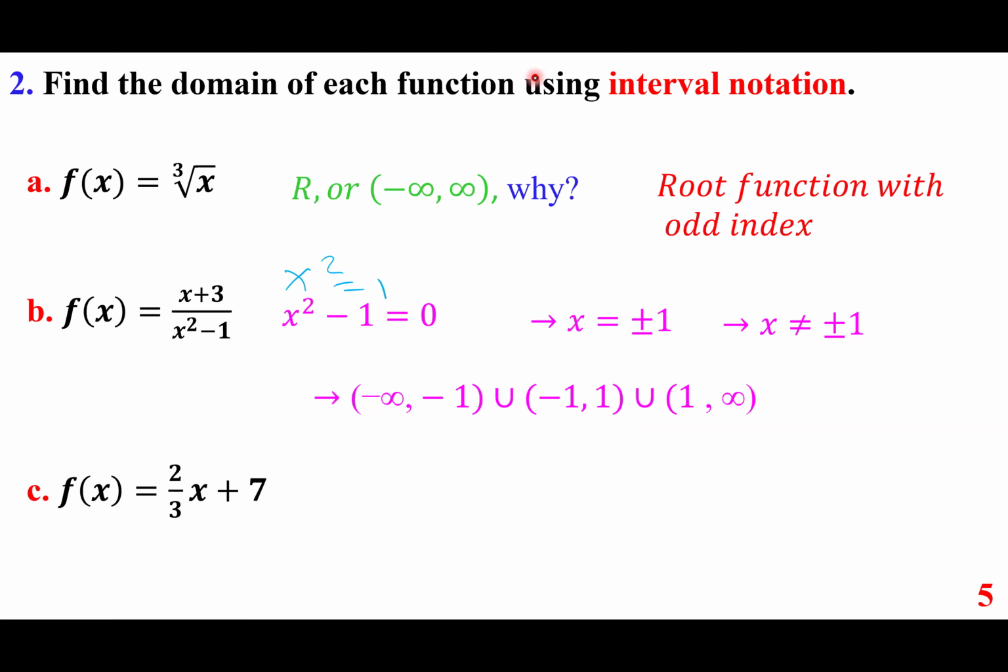Well, that is also a function with a domain which is all real numbers because it's a linear function. In other words, it is a polynomial of degree 1. That's pretty straightforward, everybody.